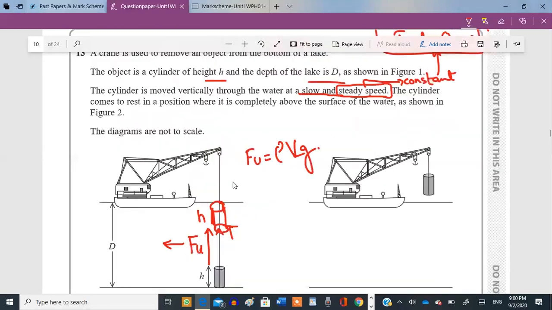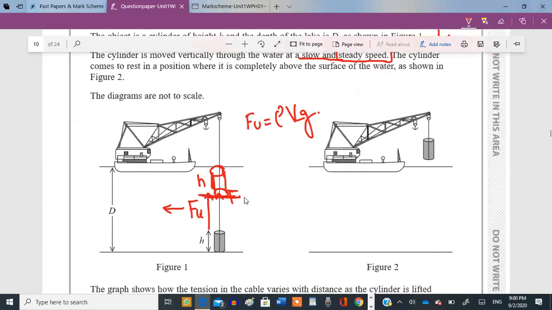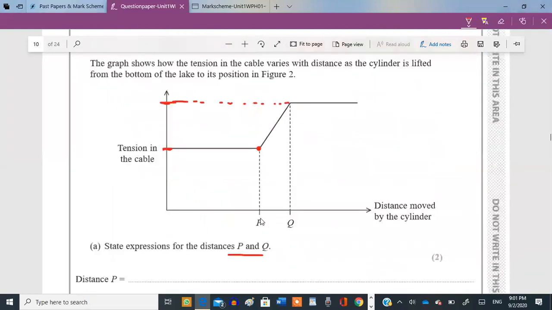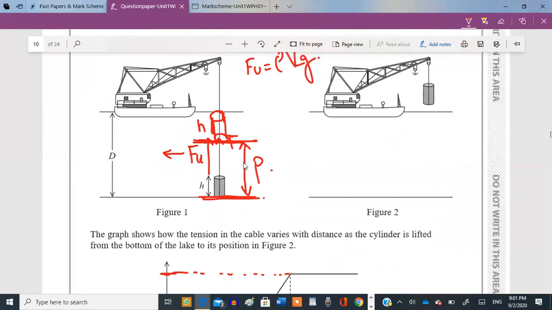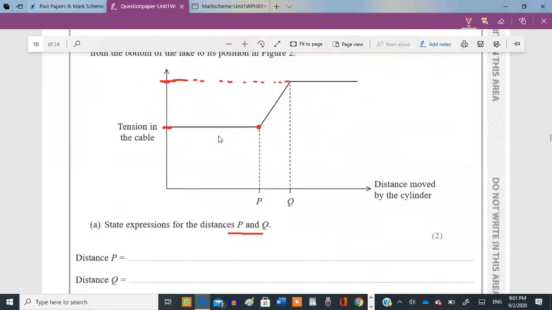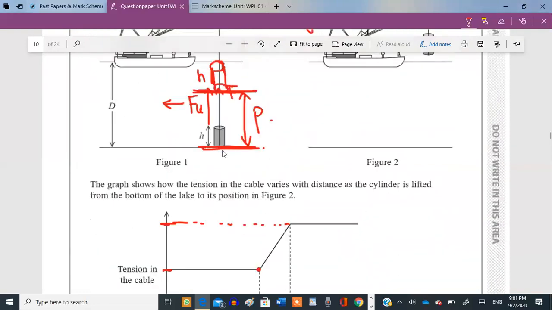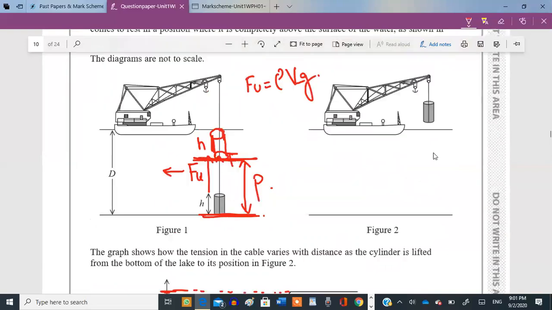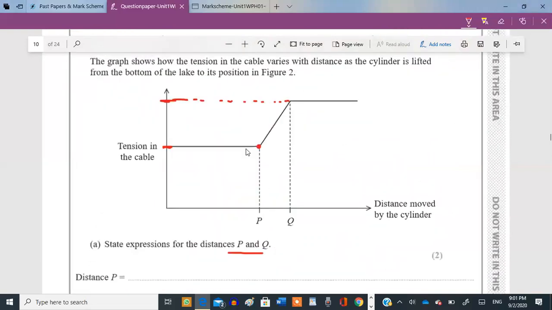So what is P? P is this distance till here. Basically, this is the distance that this block has covered so far, till the base. And then as soon as the base moves out, what happens to the tension?